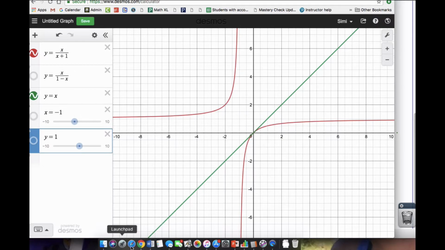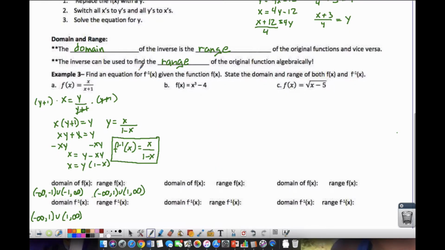And you can see how we were able to find the range by using the domain of the inverse. Well, this is also true for the range of the inverse. So we can just copy this one down here, and then we'll quickly look at the graph of it. But I would have negative infinity to -1, hopping over -1, and going to infinity.